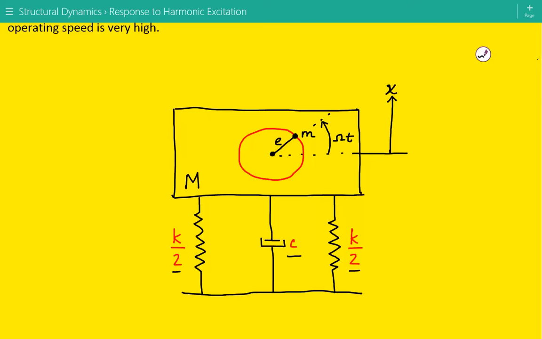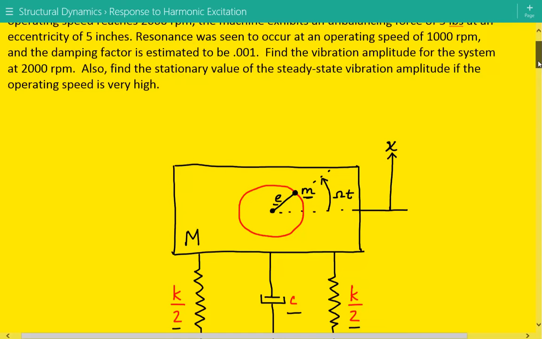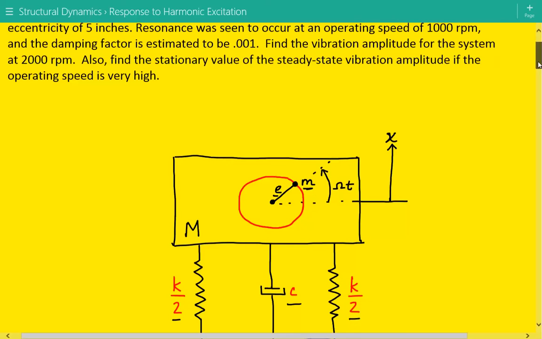And at a certain operating speed, it has an unbalanced mass here shown, and the unbalanced mass is acting at an eccentricity E. And so we need to calculate the steady state vibration amplitude for the system at 2,000 RPMs, and also the steady state vibration amplitude when the operating speed is very high, so it's much greater than 2,000 revolutions per minute.